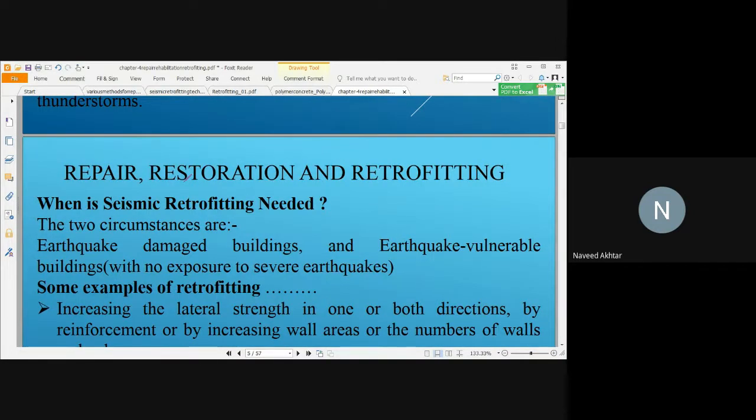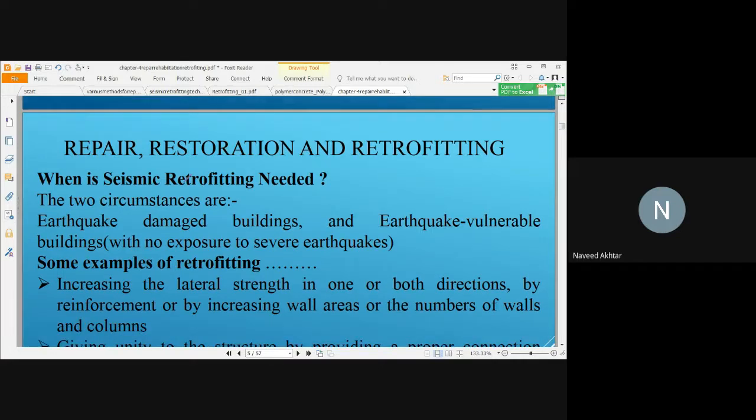So why and when is seismic retrofitting needed? When earthquake damaged buildings and earthquake vulnerable buildings have no exposure to severe earthquake.